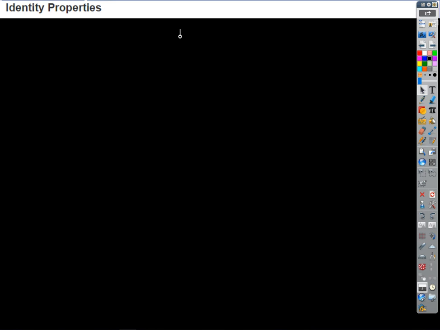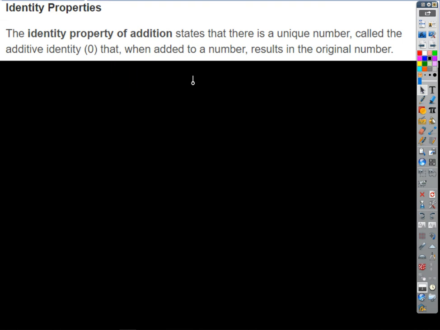So the identity properties of addition and multiplication are just identifying the special numbers that we could apply either through addition or multiplication that preserve the identity of the original quantity, right? So it's not going to change. Its identity remains unchanged, stays the same.